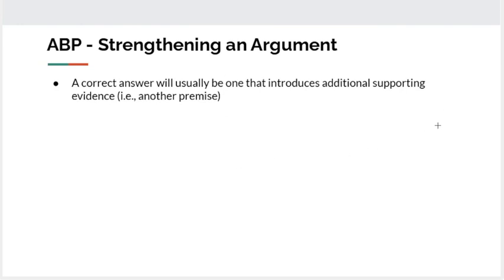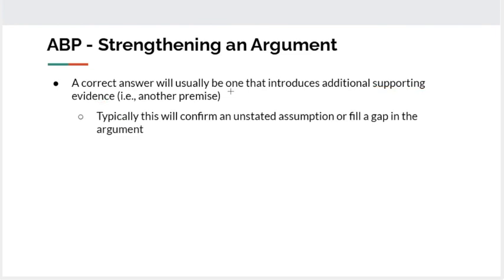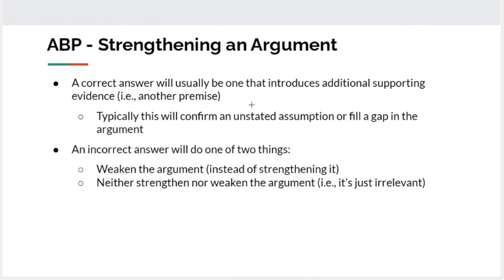To start with, the correct answer to a strengthening an argument question will usually be one that introduces additional supporting evidence. What do we call supporting evidence? We call that a premise. So something that introduces another premise in support of the argument. And typically, this will confirm an unstated assumption or fill a gap or a hole in the argument.